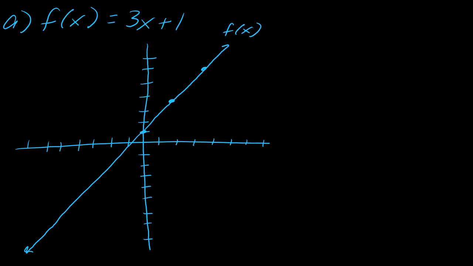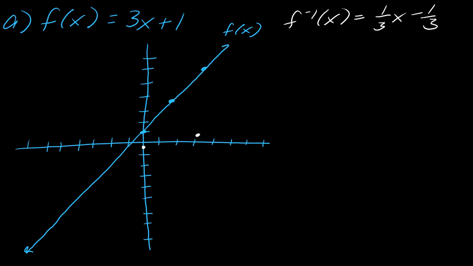So now what I want to do is draw the inverse. So let me write that down. This was 1/3 x minus 1/3. This will be a little bit difficult to approximate, but I'll do my best. This is still in that y equals mx plus b form. My y-intercept is negative 1/3. So I'll come down to here, and then I'll go up 1 and over 1, 2, 3.